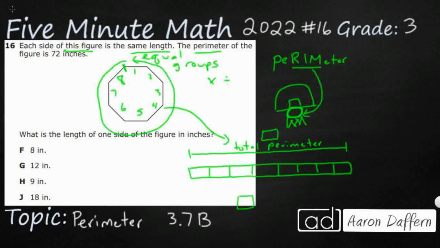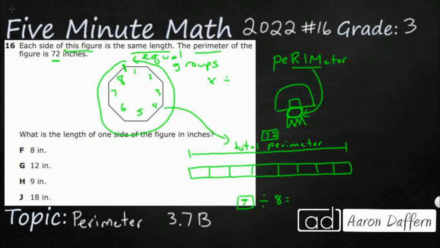So my box, I can do 2 different things. I can divide it into 8 sections, right? And I can get how much each one is. And actually, if we look back here, they gave us the total, didn't they? 72.